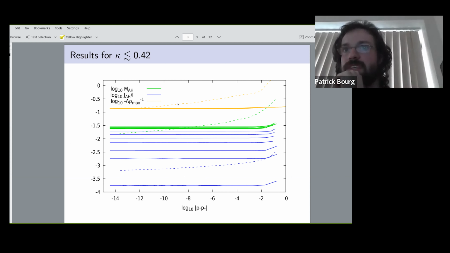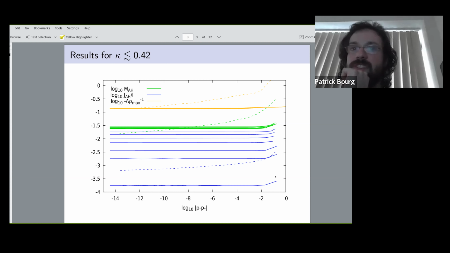This plot should be read from right to left. Every point in this plot is a specific initial datum. On the right is the initial data that eventually collapses into a black hole, and once it collapses, we record the maximum mass, as well as the spin of the black hole. And the orange one is going to be the maximum curvature for those initial data that do not collapse.